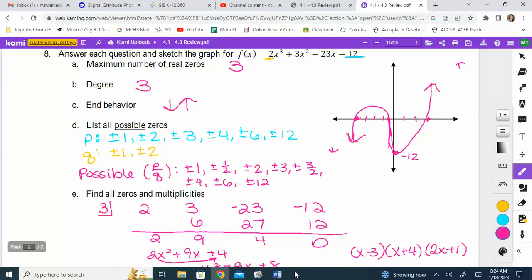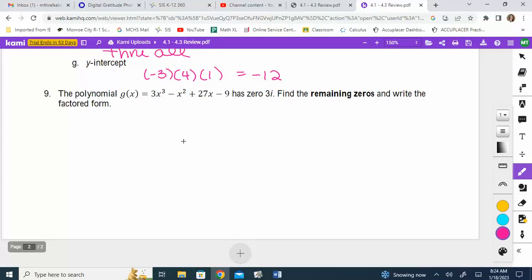One last review problem. All right, so I gave you a polynomial, and this time I gave you the first 0. If I give you the first 0, what do we have to do? Subtract it. So 3i is my 0.